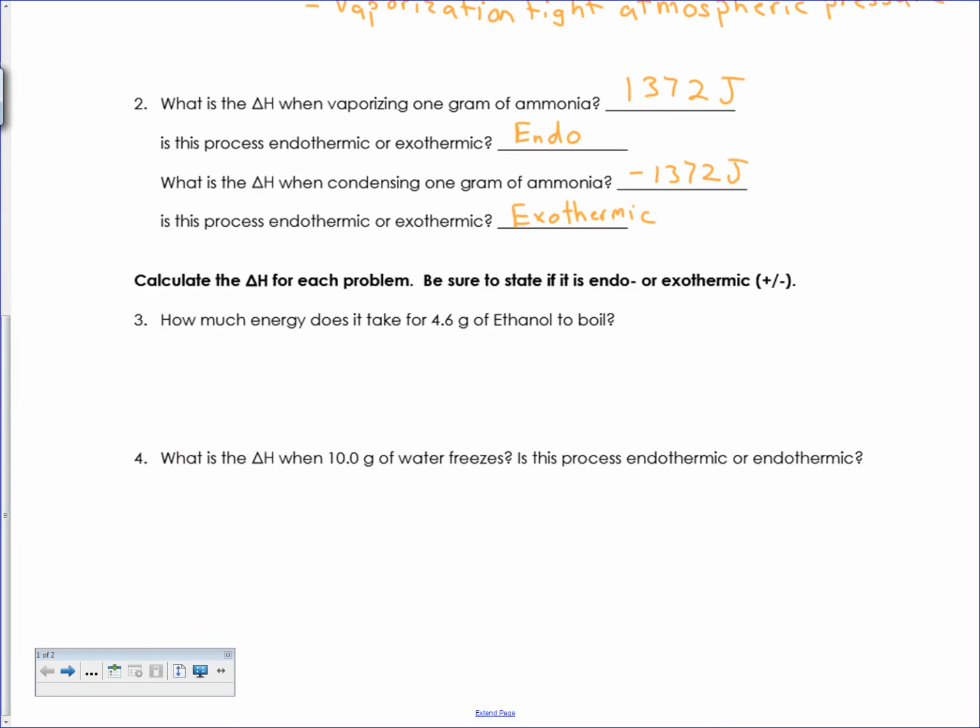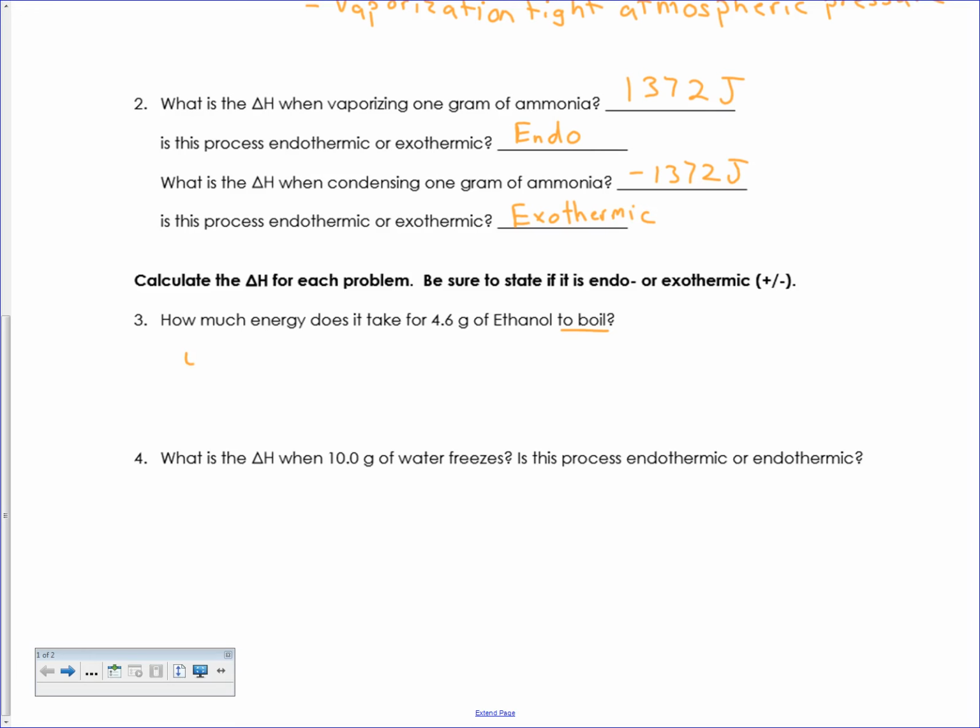Starting on these problems here, it says, how much energy does it take for 4.6 grams of ethanol to boil? All right, so we look up at the chart above, and since it says boiling here, we're looking for heat of vaporization. So you look that up, you find it for ethanol, you see that it's 944.2 joules on that table above.